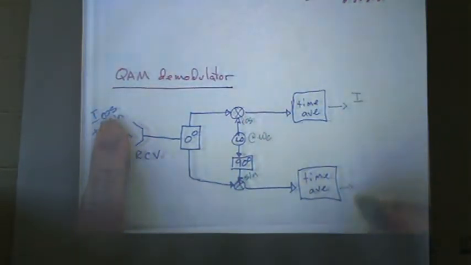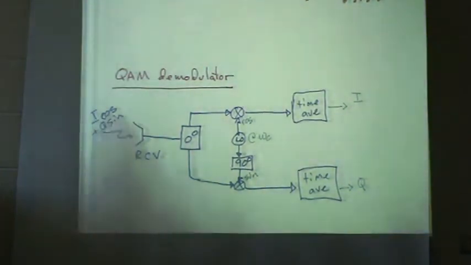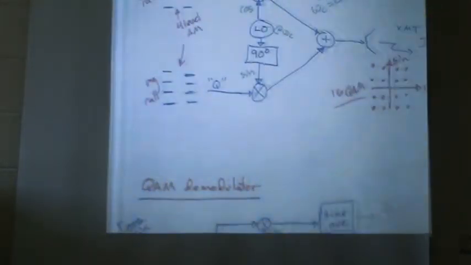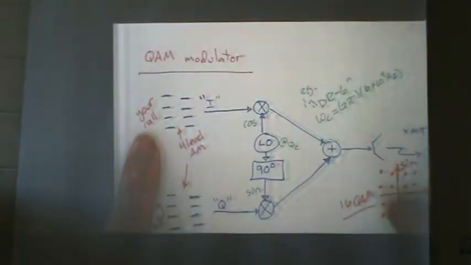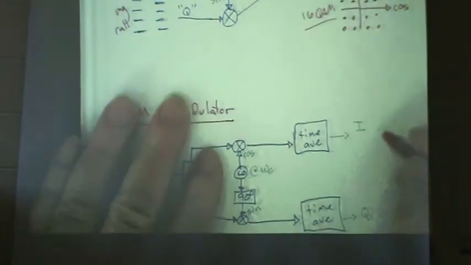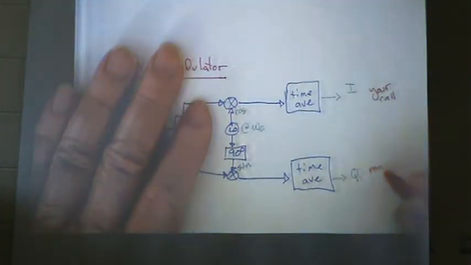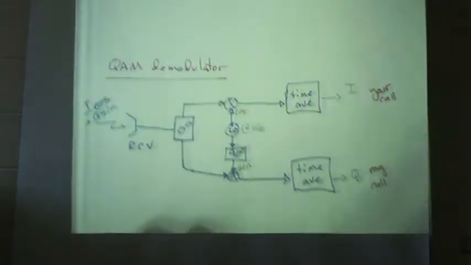So out here comes the Q data. Okay? In other words, we said the I data was going to be your phone call. So here's your call, and here's my call.